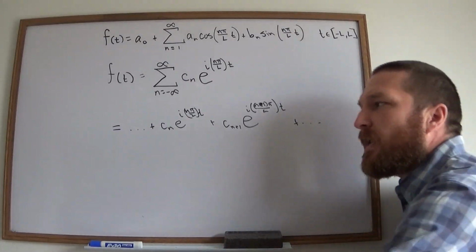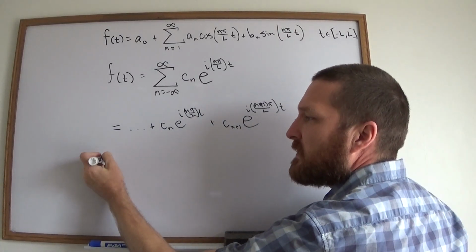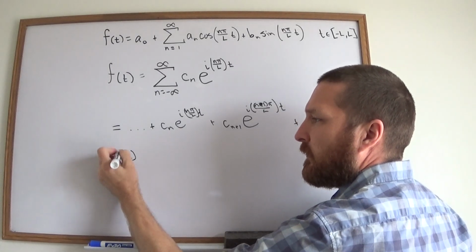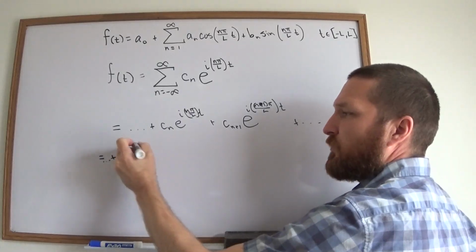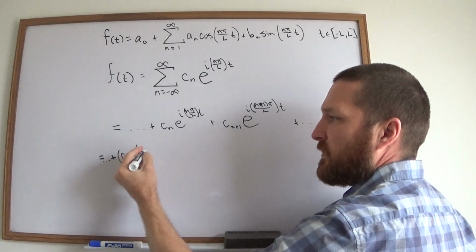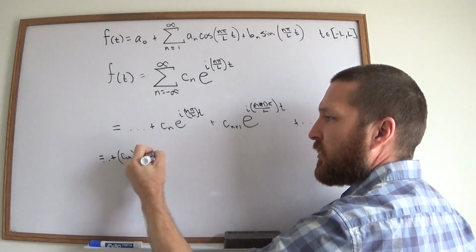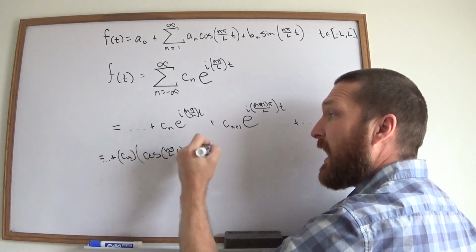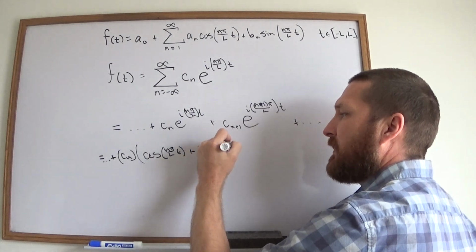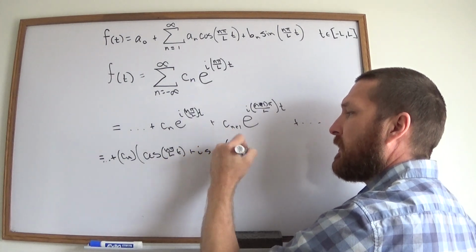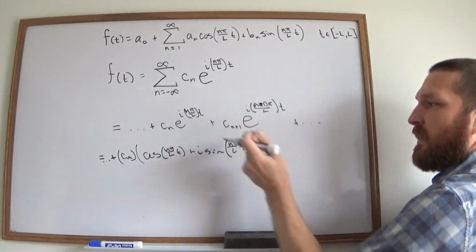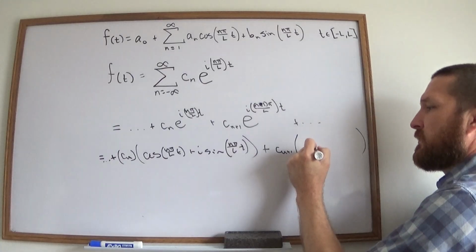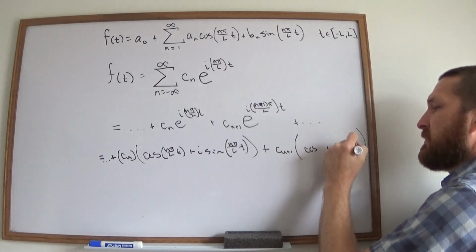And you can imagine how that could be, right? Because each one of these, we have c_n is some complex number, okay? This, we know from Euler's theorem, is the same thing as cosine of n pi over L times t plus i times sine of n pi over L t, plus, now the next one is c_(n+1) times the same type of thing, right? We have a cosine plus i times sine.